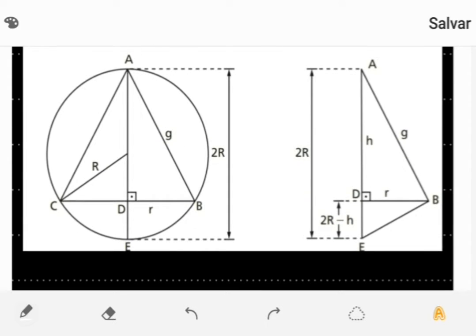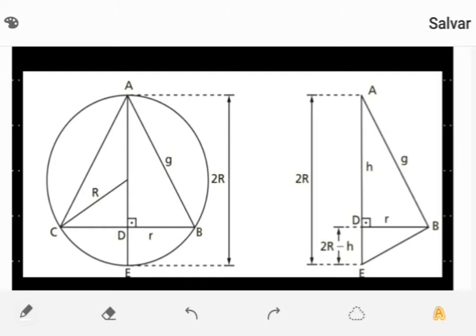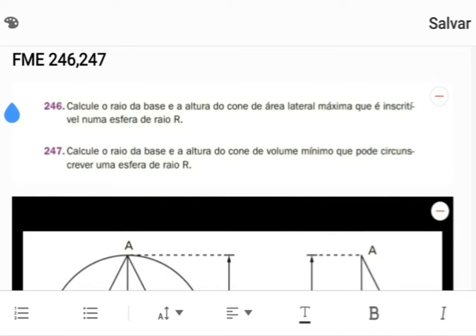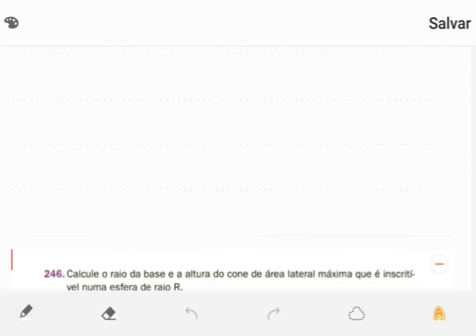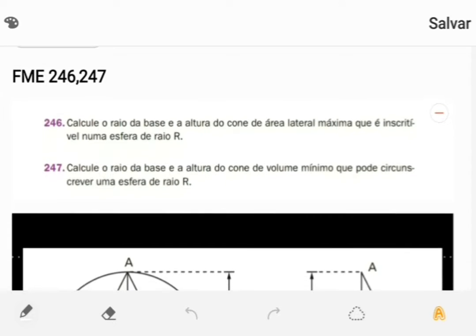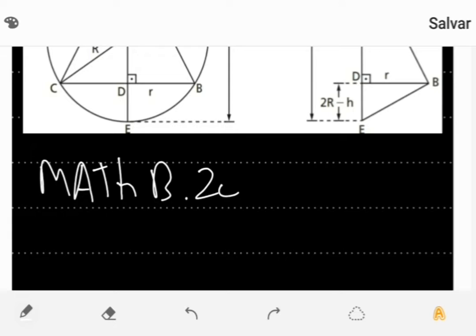This drawing over here, I got it from the solution, so I took the solution drawing so that we can go faster. It is very similar to the question from Math B of 2007, question 2, okay?